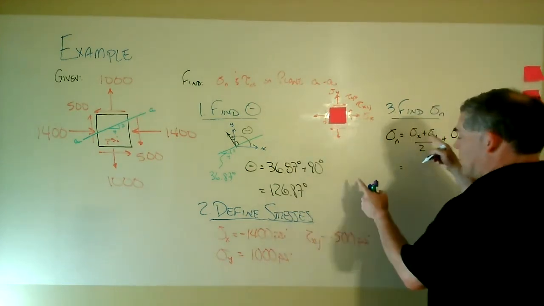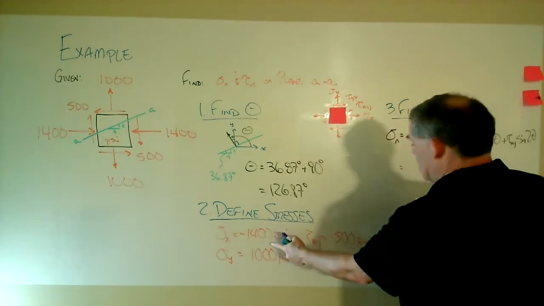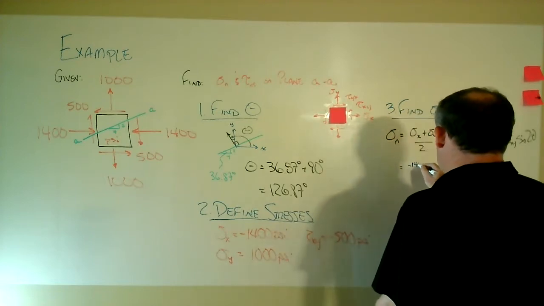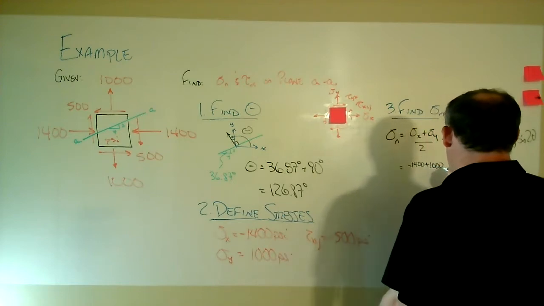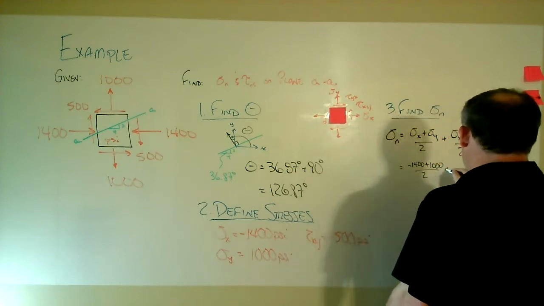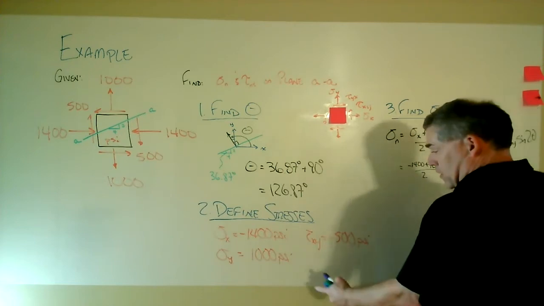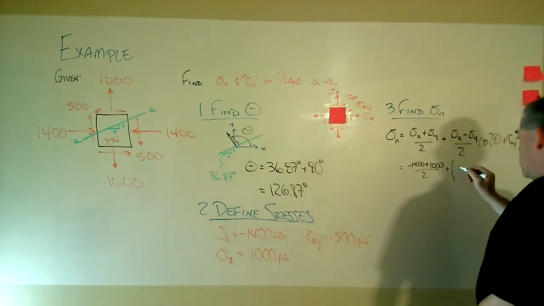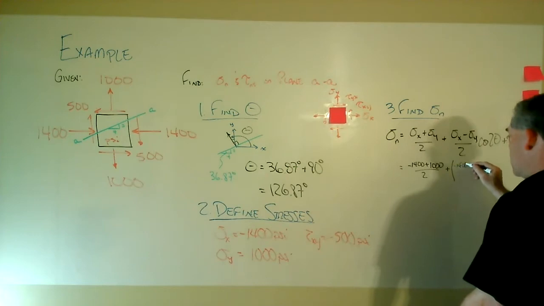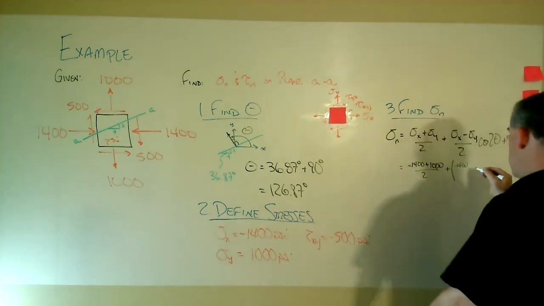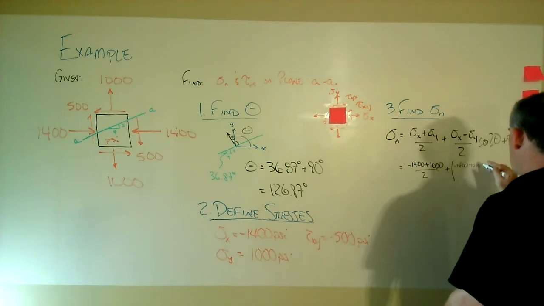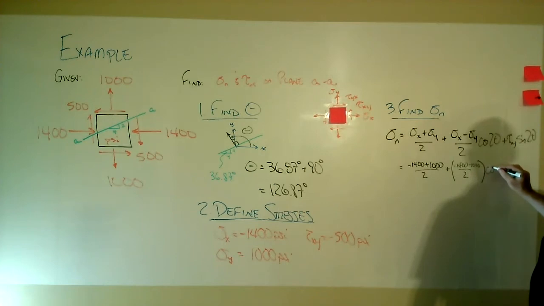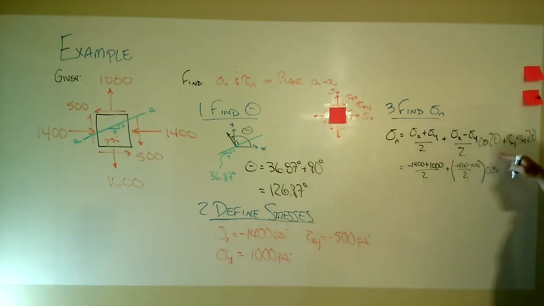So the first term, that average, includes a minus 1400 plus 1000, all divided by 2, and then plus the difference, so that's minus 1400 minus 1000, all divided by 2, times cosine of twice theta.